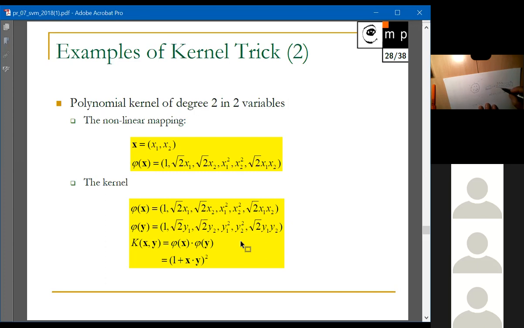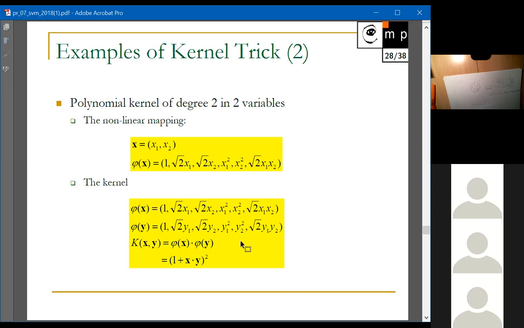And if we look for some weights, w1, w2, w3, up to w6, then any quadratic function in the original x1, x2 space will be expressible by a linear function in the 6-dimensional space. So if we find the classifier in 6 dimensions, it will give us these weights, and we can solve the equations if we want to go back, and these will be the quadratic coefficients of the quadratic function in the original space.